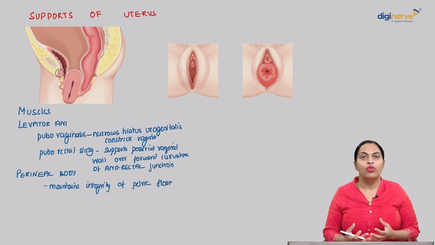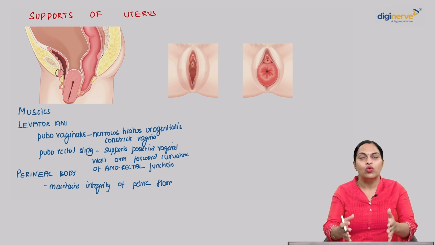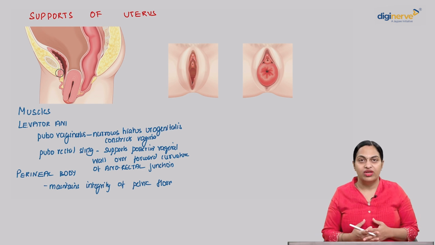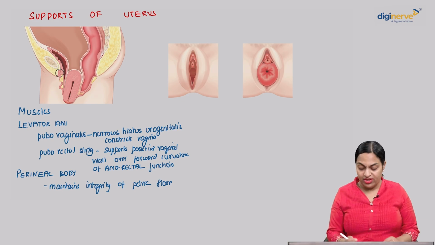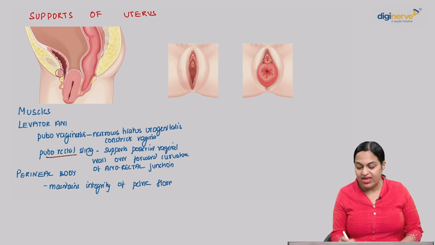This pubovaginalis will narrow the hiatus urogenitalis. So if there's some injury to this, then what can happen? That opening can become wide, and that can cause descent of the uterus into the vagina, leading to uterine prolapse. And then another important component, the puborectal sling.